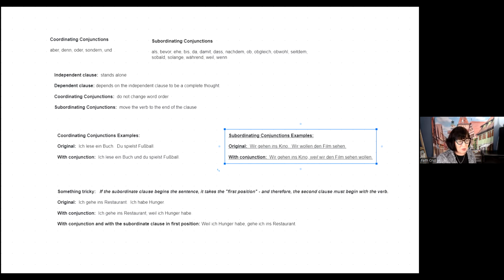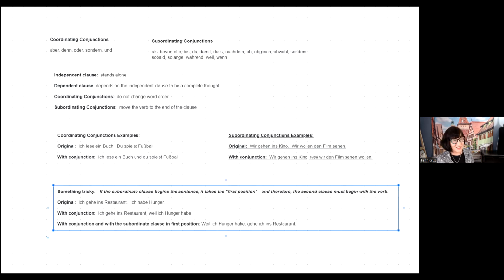Now, there's one more thing that's a little tricky about subordinating conjunctions. What if, instead of having my independent clause first and my dependent clause or subordinate clause second, what if I switch those in the sentence, which is a perfectly legitimate thing to do?